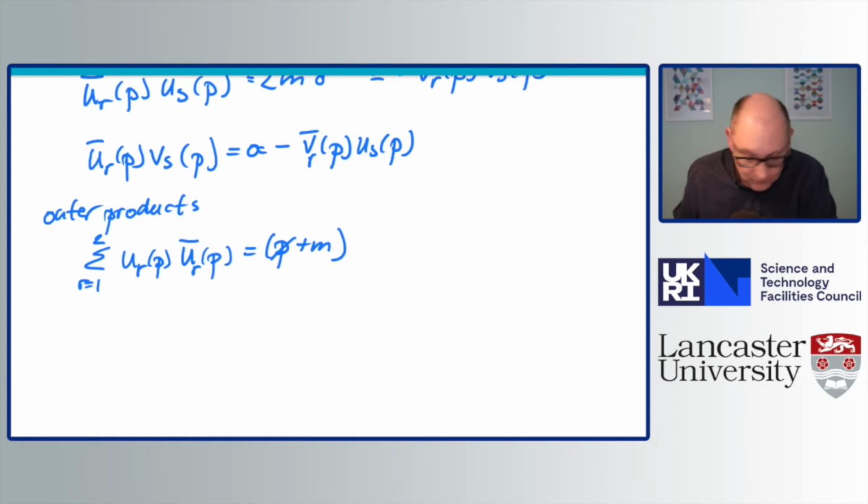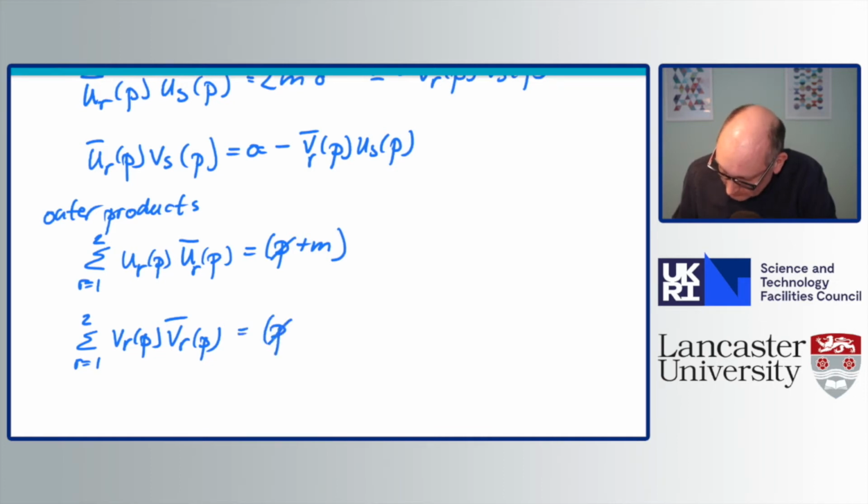And one also finds that the sum over spins of v of momentum p, v bar of momentum p is equal to p slash minus m.